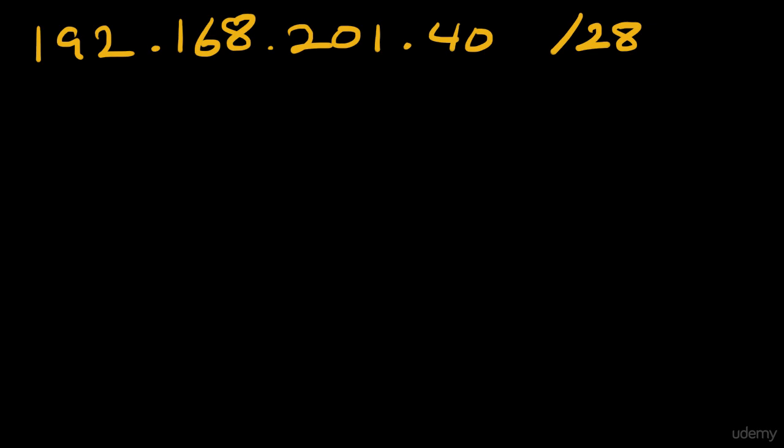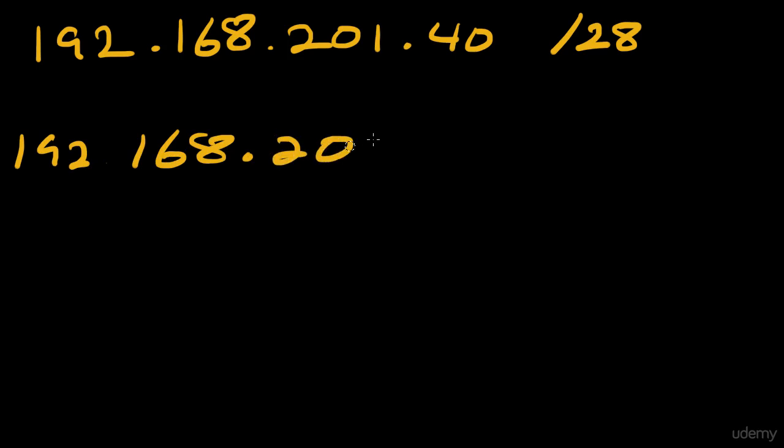The alternative to this approach would be to convert 192.168.201.40 into binary. 192.168.201. What is 40 in binary? Well, if you have a calculator, you can do this quickly, but in an exam like CCNA or MCSA or even Network Plus, you would not have a calculator.